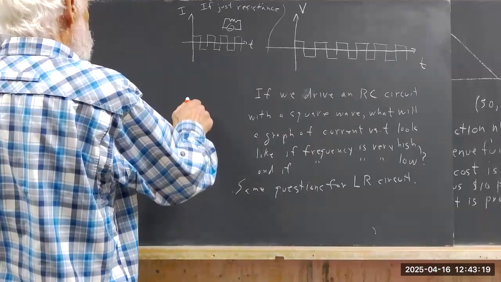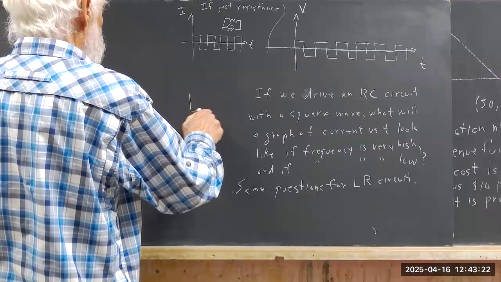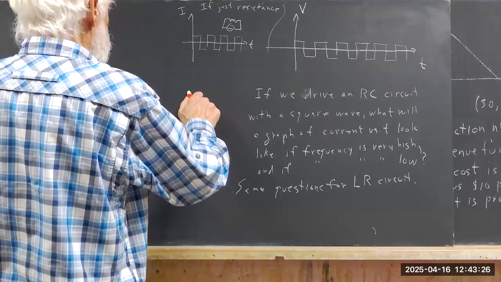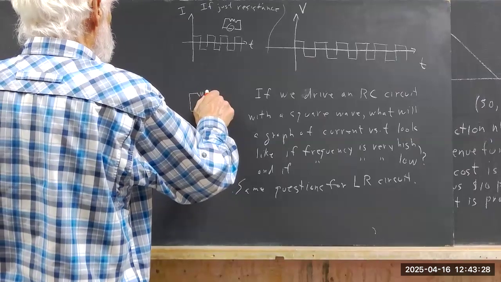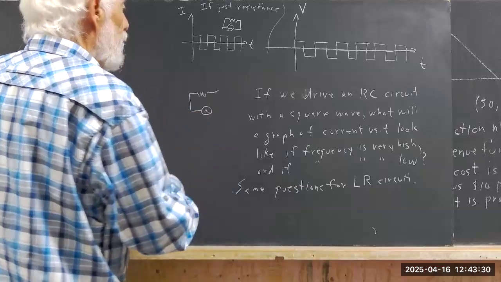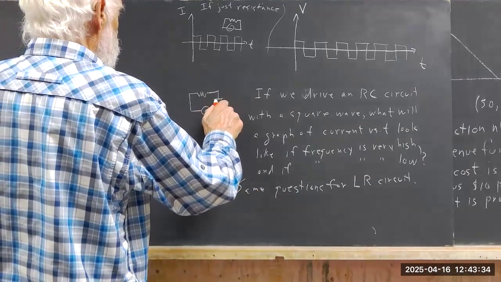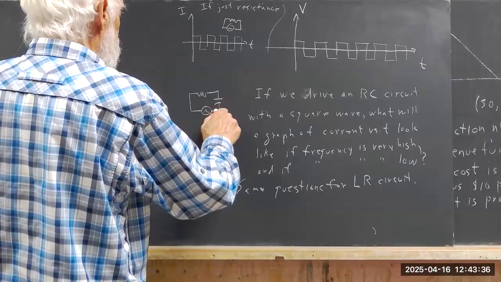Okay. If the circuit is like so, got some resistance, and of course it's unavoidable to have resistance, maybe a high resistance, maybe a low resistance. Conceptually, it doesn't make any difference.